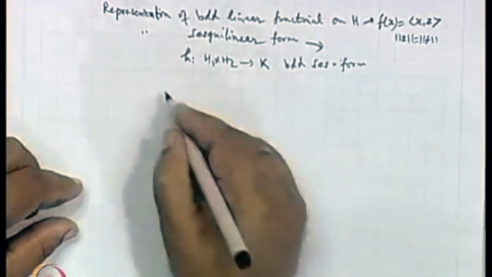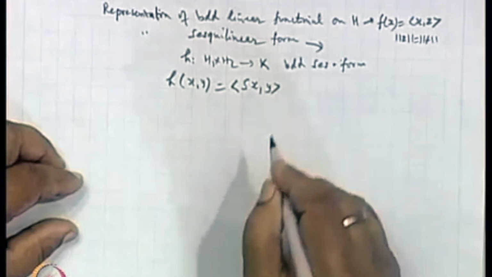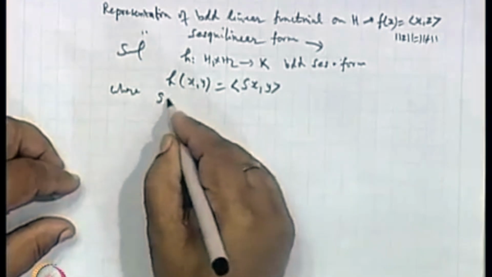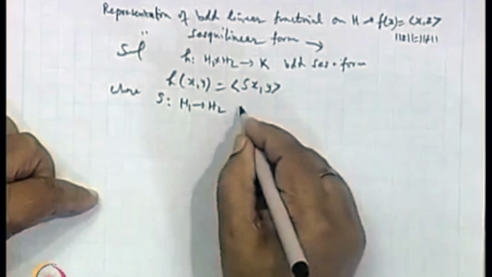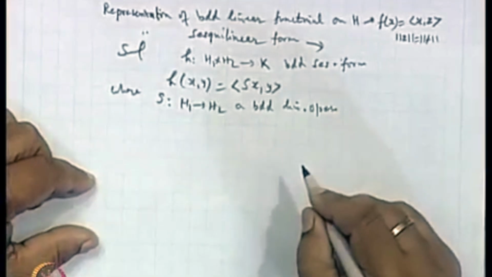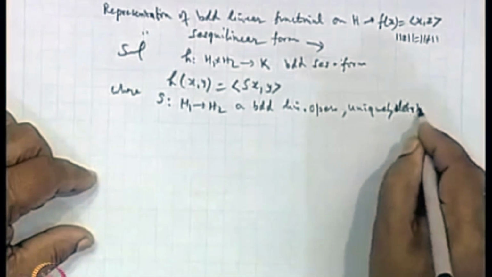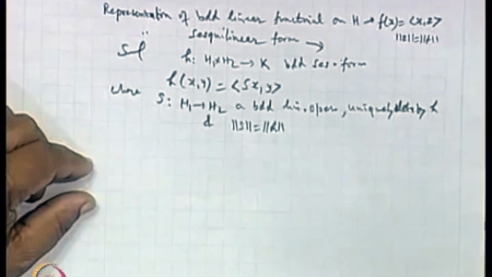Then h can be expressed as the inner product ⟨Sx, y⟩, where S is a bounded linear operator from H1 to H2, uniquely determined by h, and having the same norm as h. This we have seen.